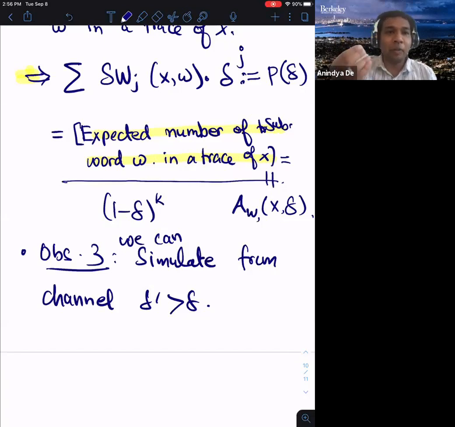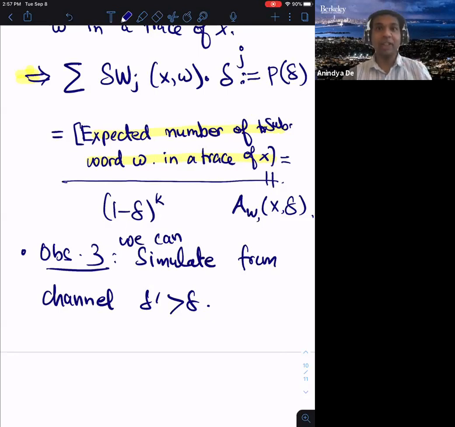I will compute it at a slightly larger number, then another larger number, then another. This is a degree n equation, so I'll get n different values, and do polynomial interpolation to figure out the constant coefficient. I still plan to do that. The only issue is that I do not have AWX delta exactly; I only have an empirical estimator for it. So the question really becomes, how well do I need to figure out the value of AWX delta so that the polynomial interpolation can work out properly?